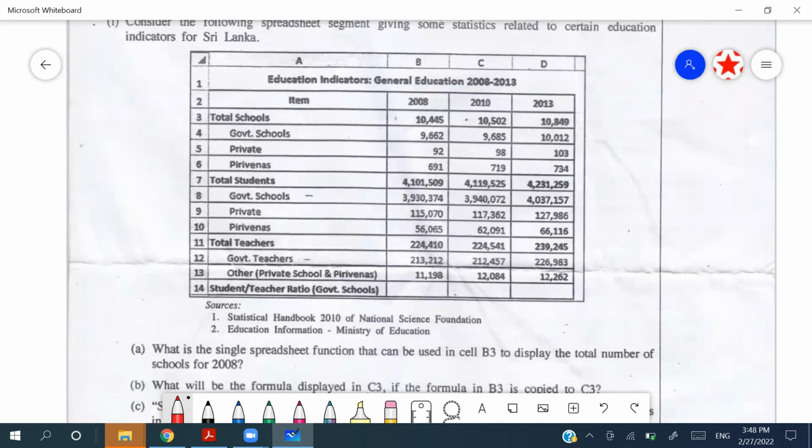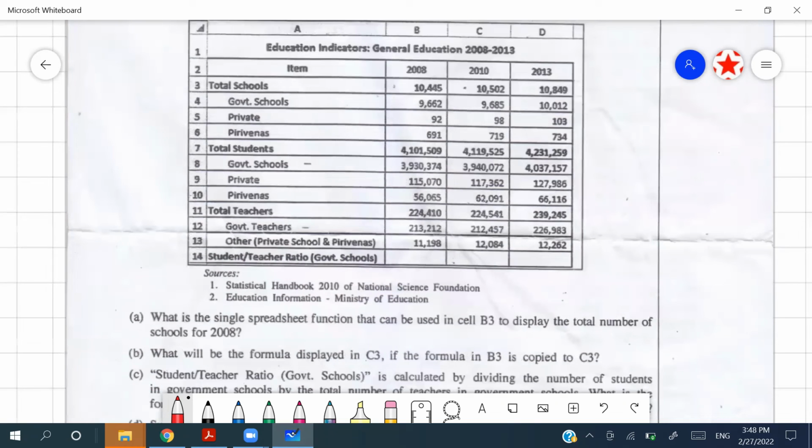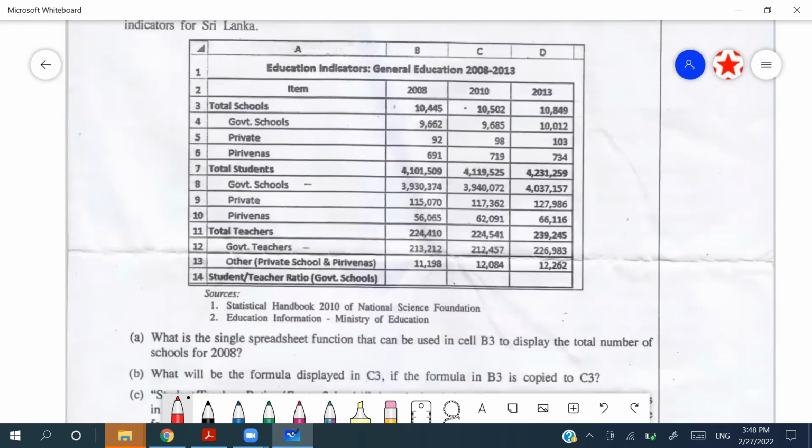Part A is asking, what is the single spreadsheet function that can be used in cell B3 to display the total number of schools for 2008? They are asking for the single spreadsheet function. That is important.